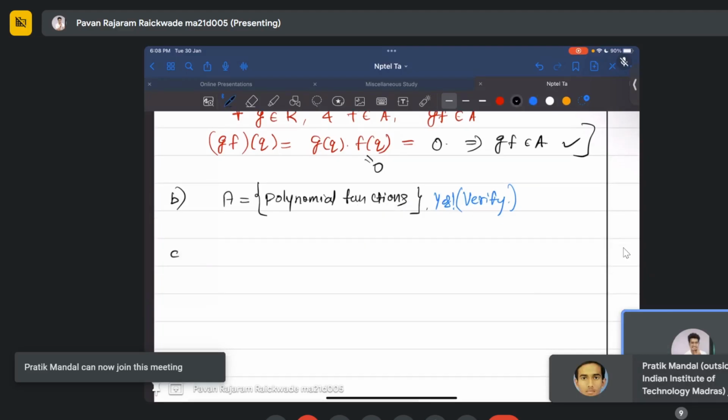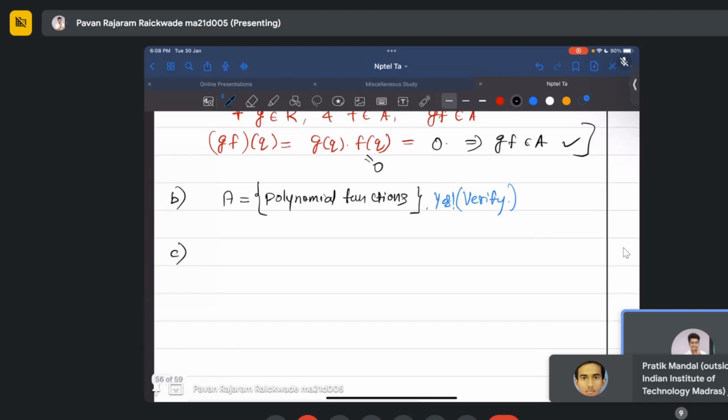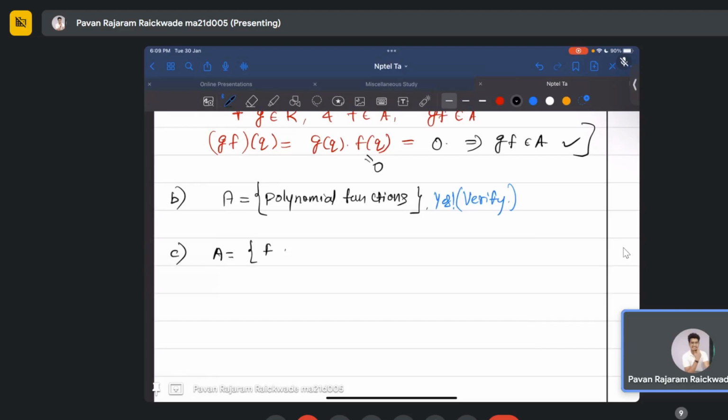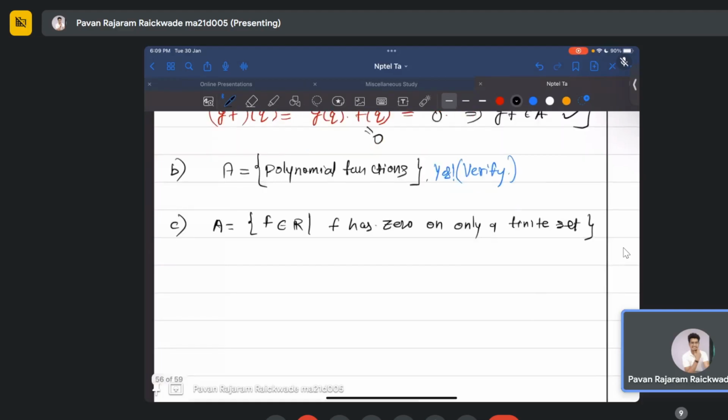Then I'll go for the next part C. What about if A is your set of all functions such that f has zeros on only a finite set? What is another way of nicely writing this set?